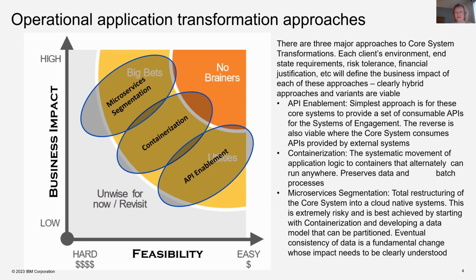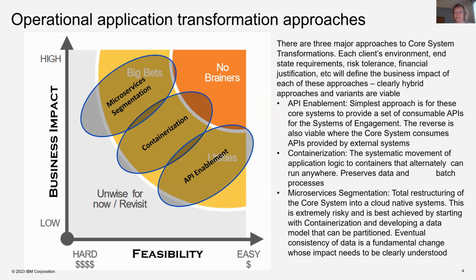So this is a systematic packaging of and move into containers that basically can run anywhere. So depending on the service level agreements for those applications, they can run on Z or they can run on a distributed environment or in the cloud as well. So it's a best fit approach for the application.